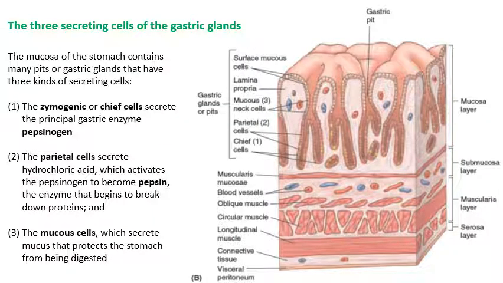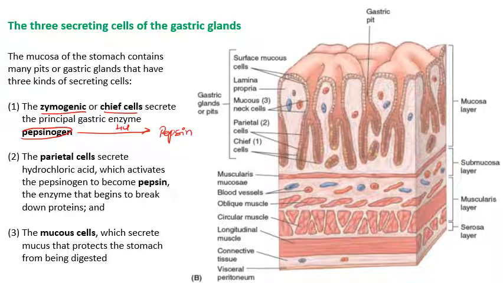I have already told you the stomach will secrete three types of substances which help in the partial breakdown of protein. From where will these substances, these enzymes, be produced? The first one is the chief cells, also known as zymogenic cells. They produce pepsinogen, and later this pepsinogen in the presence of HCl will convert into pepsin.